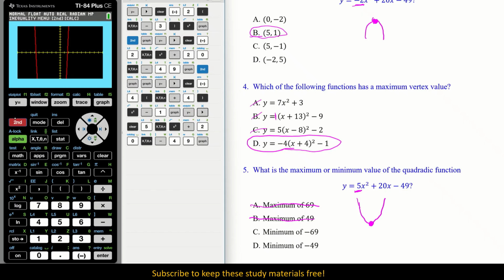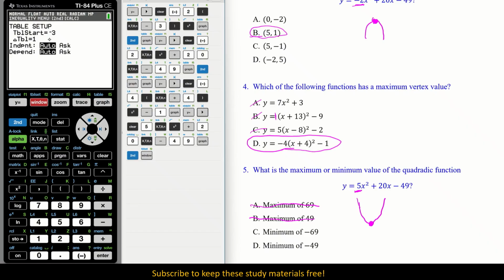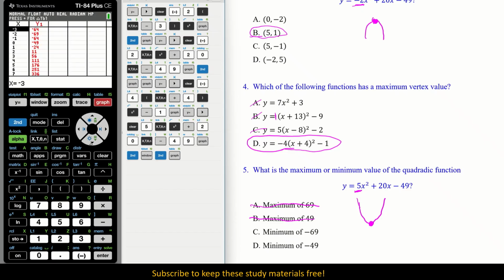So let's set our table. Our table is already at -3. That's already entered from prior, and it's got steps of 1. So I think we'll be okay with that. So go second graph, look at our table, and let's arrow up. Let's see what happens.